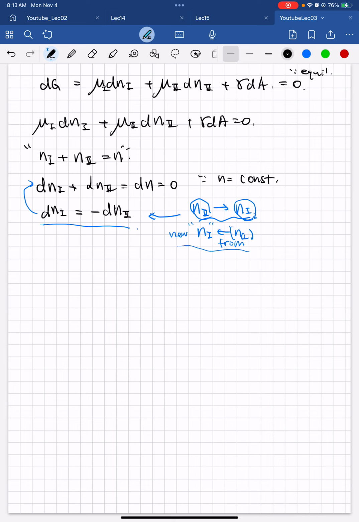Anyway, so back to this equation. You plug this in, then you get this.